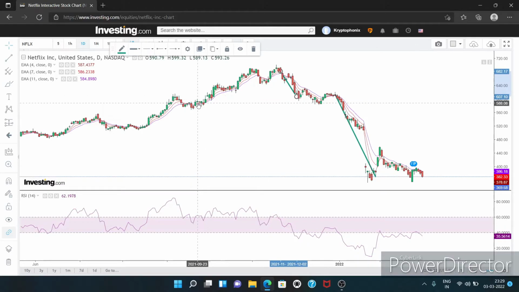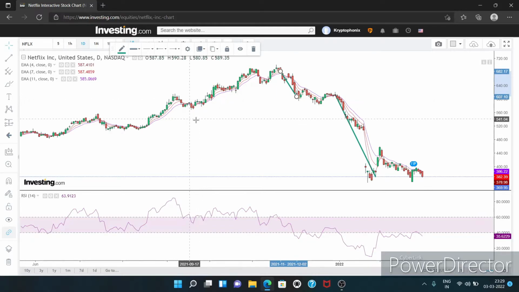If we look over here, what happens is till this point 4 EMA is above 7, 7 is above 11, but the crossover is formed over here and here. What is the similarity between both the crossovers? The similarity is 4 EMA is above the 7 EMA and the 7 EMA is above the 11 EMA.